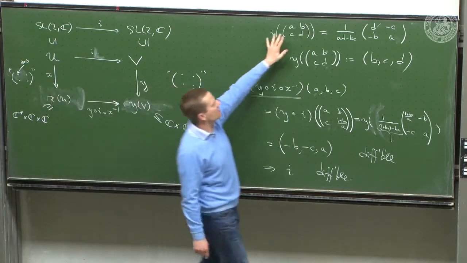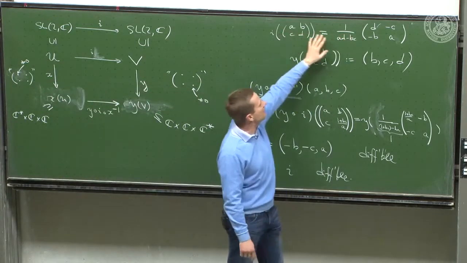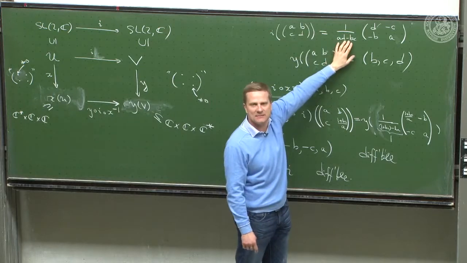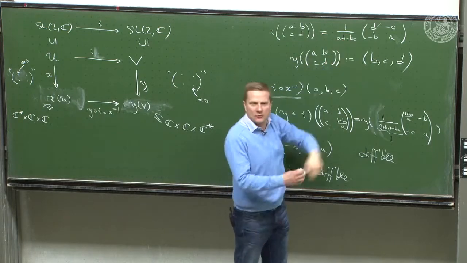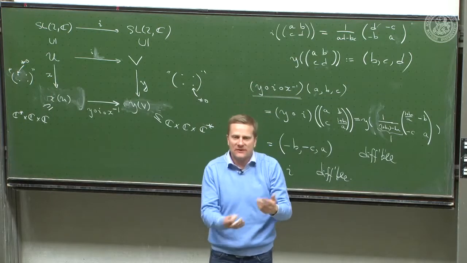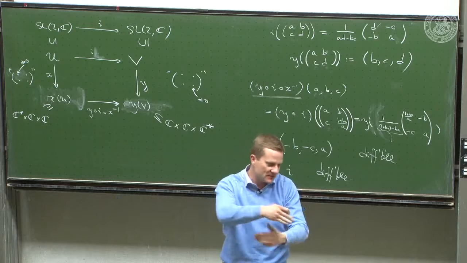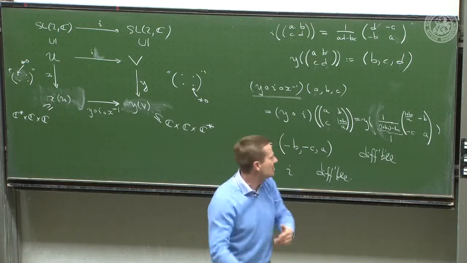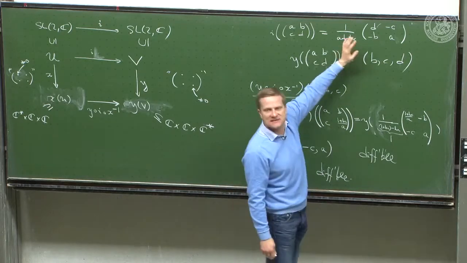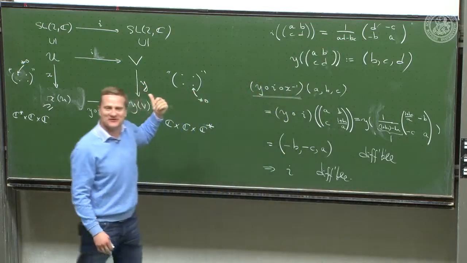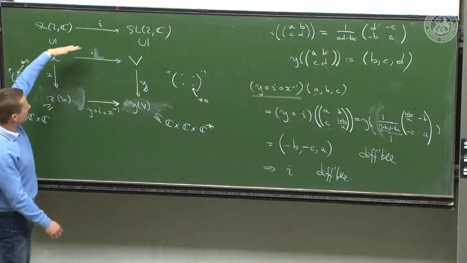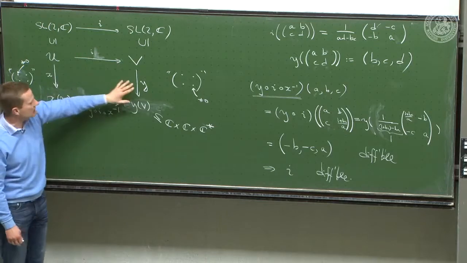So you can decide differentiability here, but then you always have to keep in mind this constraint that AD minus BC is 1. Well, how do you mix that with your question about whether it's differentiable or not? Well, you have to distinguish between various cases when this is 0 and that is 0. And that's exactly the chart construction. Okay, so you need to push the problem down with these charts.